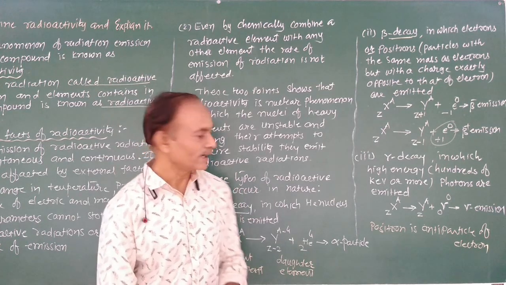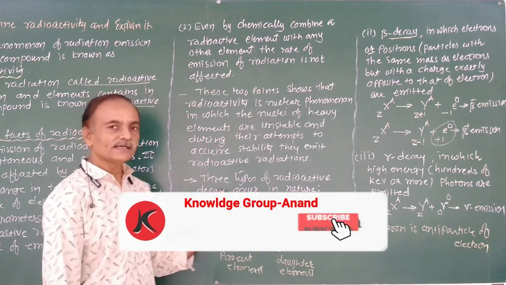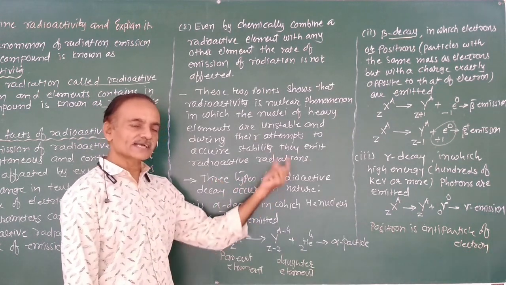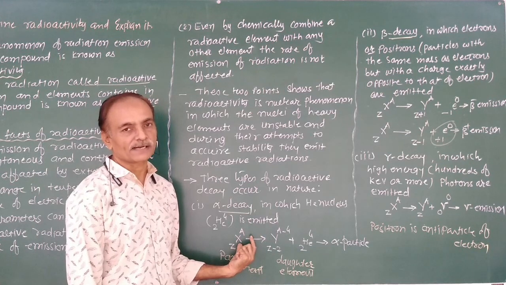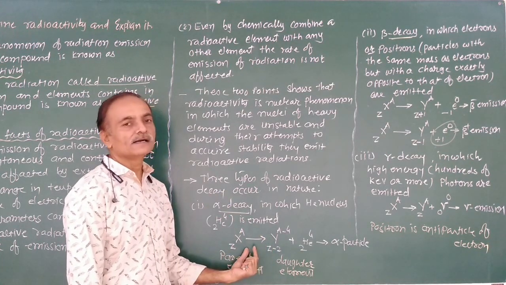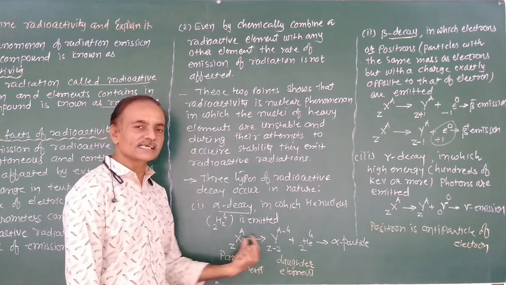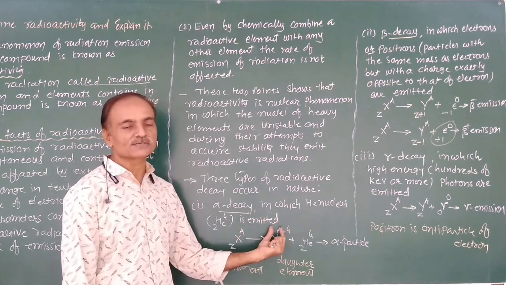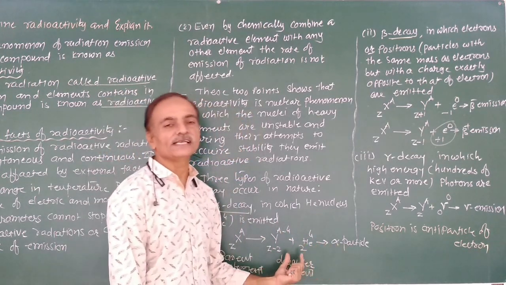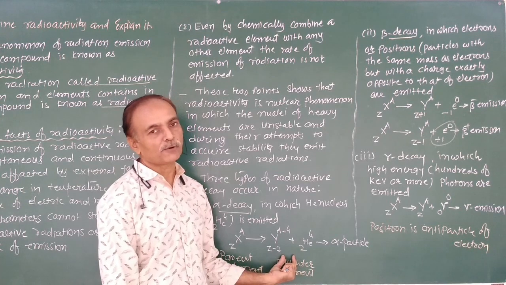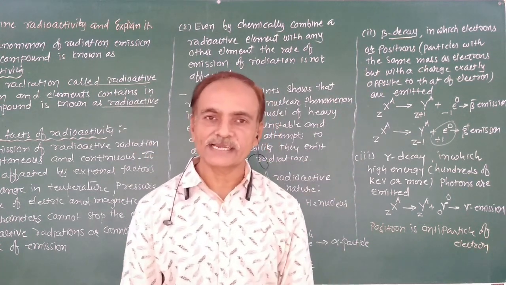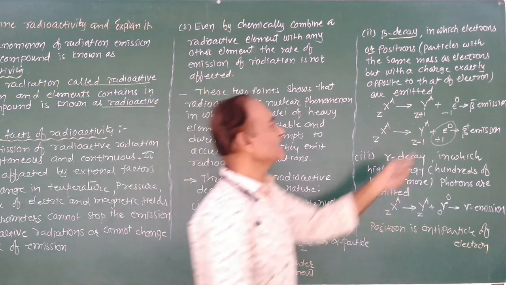Clear? Okay. So in radioactive decay, the three types of decay occur in nature: one is the alpha decay, second is the beta decay, and third is the gamma decay. In alpha decay, the atomic number of the daughter element is decreased by 2 and atomic mass number is decreased by 4, because the alpha particle, that means the helium nucleus, is newly formed. During the beta decay, two types take place, beta negative and beta positive.